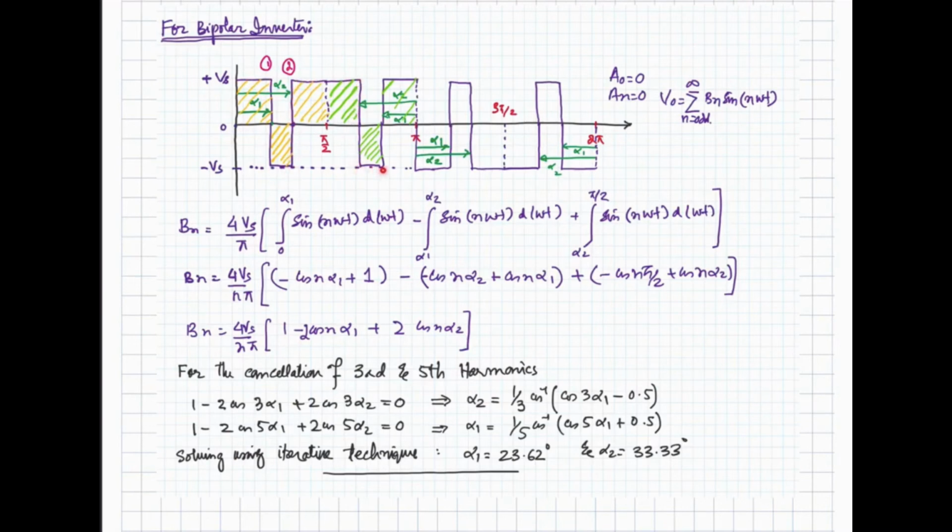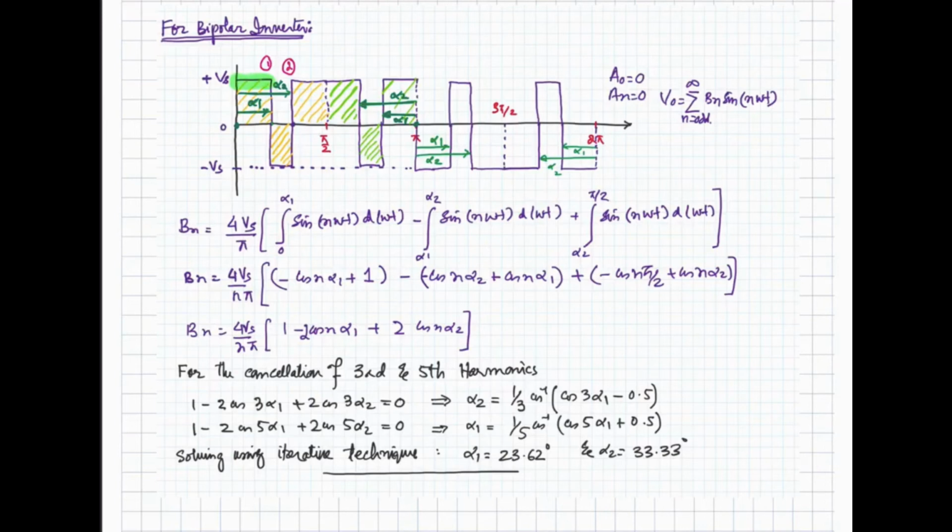The inverter output voltage waveform is shown in front of you, but we decide the pulses in such a way that the angles remain the same. This angle is alpha 1 and then this angle is alpha 1, as you can observe. Similarly, the angle of the second notch or second edge is the same from the center point as well as from this reference point, in the positive half cycle as well as in the negative half cycle.